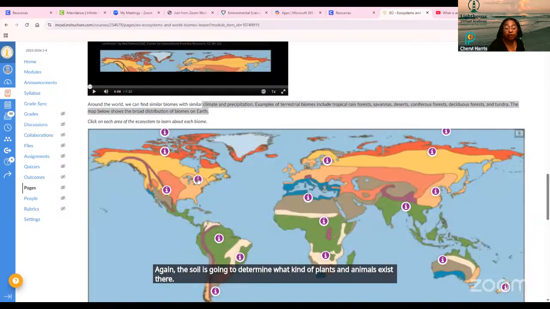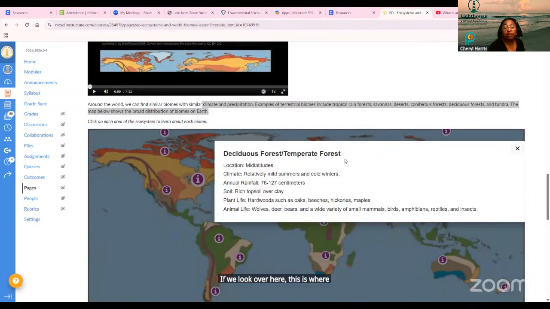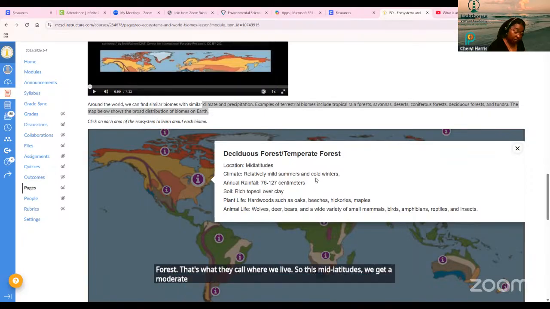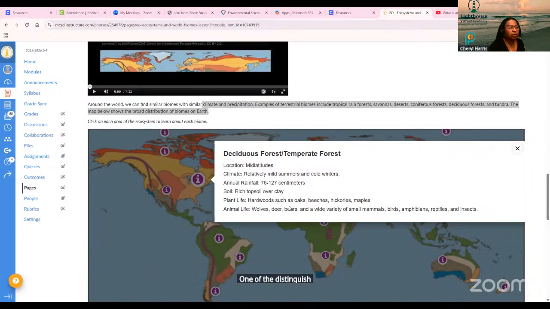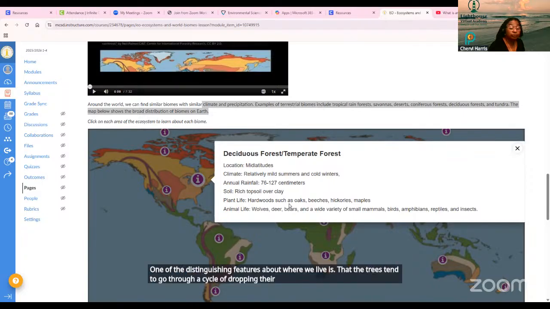If we look over here, this is where we live. We live in a temperate deciduous forest. That's what they call where we live. It's mid-latitudes, and we get moderate rainfall, although lately we've been getting more rainfall than usual. One of the distinguishing features of where we live is that the trees go through a cycle of dropping their leaves.